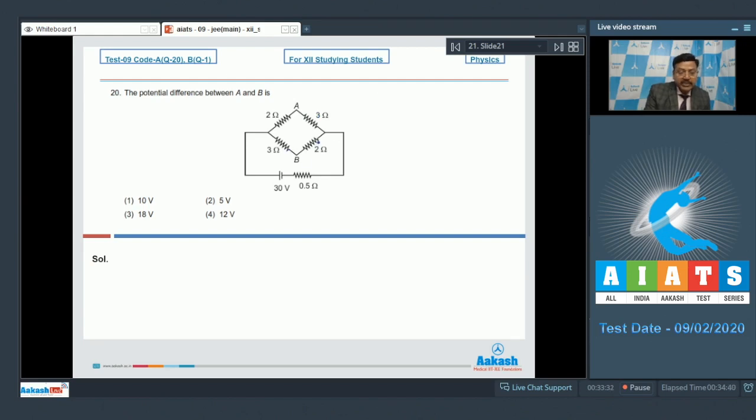In the lower branch also the effective resistance is 5 ohm, and this 5 ohm and this 5 ohm are connected in parallel. Since A and B have been used up, let's call these points C and D. So the resistance between point C and D of this branch is 5 ohm in parallel with 5 ohm, that means 2.5 ohm, and that in series with 0.5 ohm.